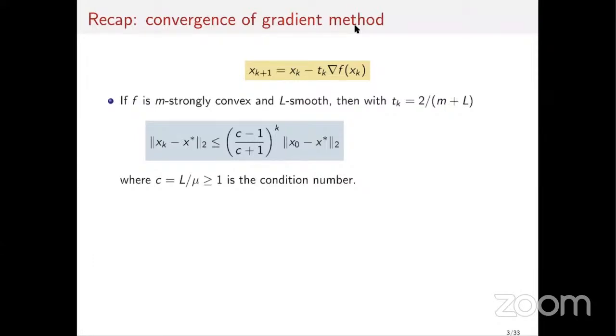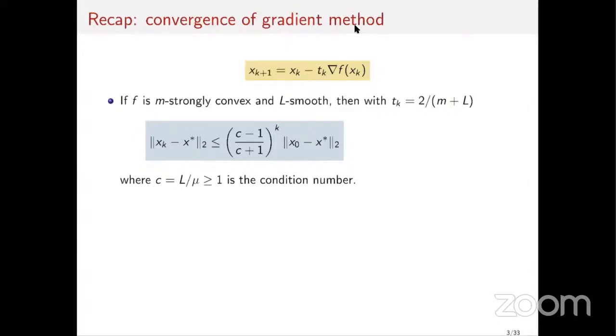Assuming that the function is strongly convex and L smooth, we saw that if you choose the step size according to this equation here, t_k is 2 divided by m plus L, then the distance to the optimal point, x star, decreases at a linear rate. The rate of convergence is this c minus 1 divided by c plus 1, where c is L divided by mu, called the condition number of the function, and this is bigger than 1.